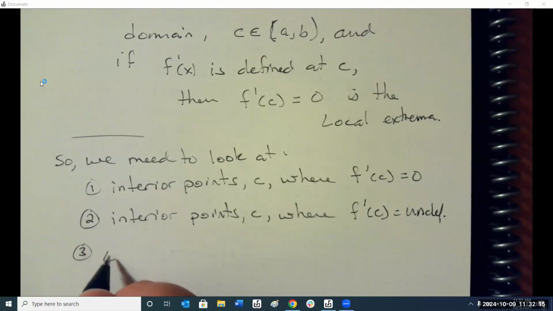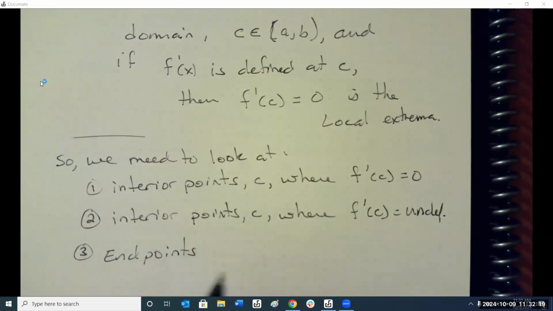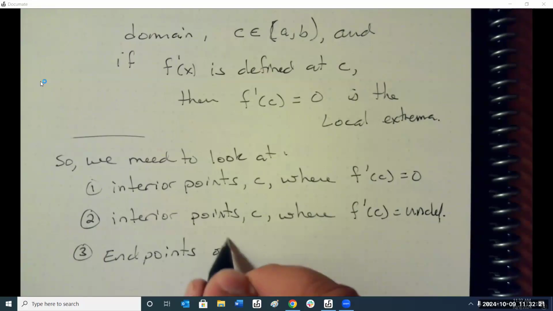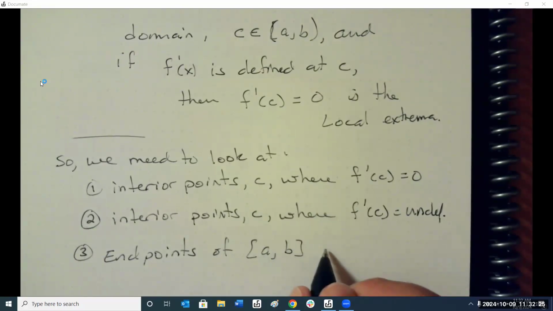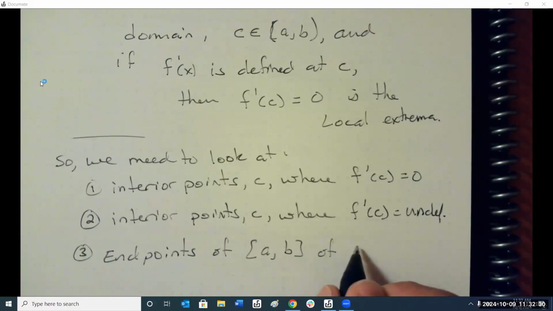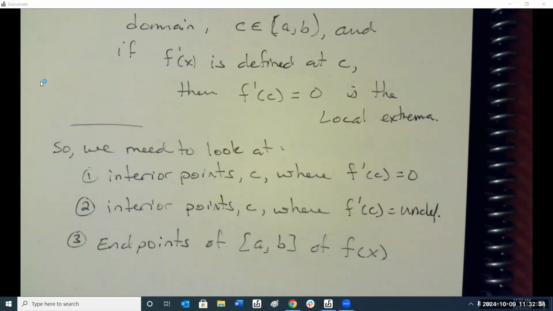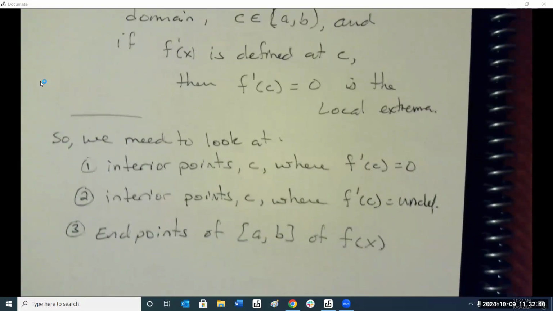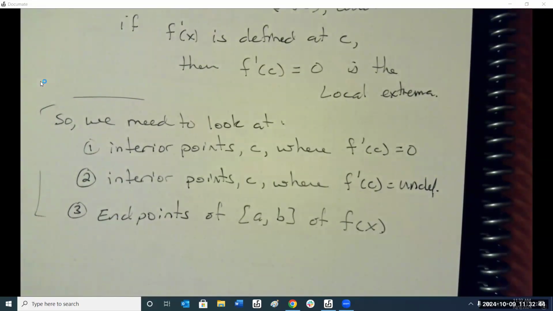And then we look at the endpoints of the function. So this is what we need to do to find extrema.